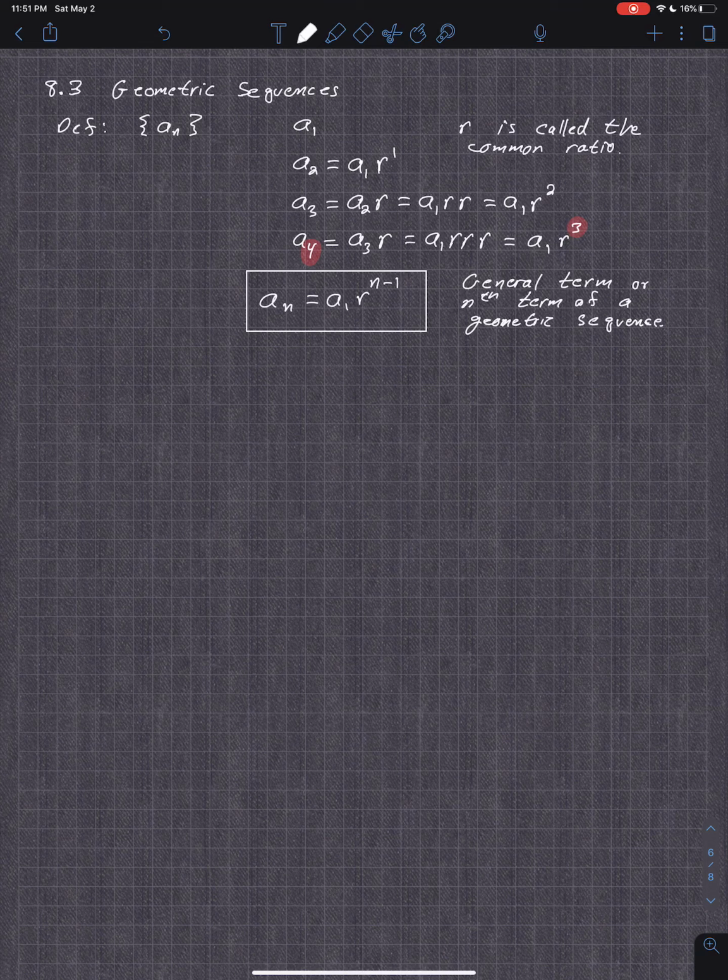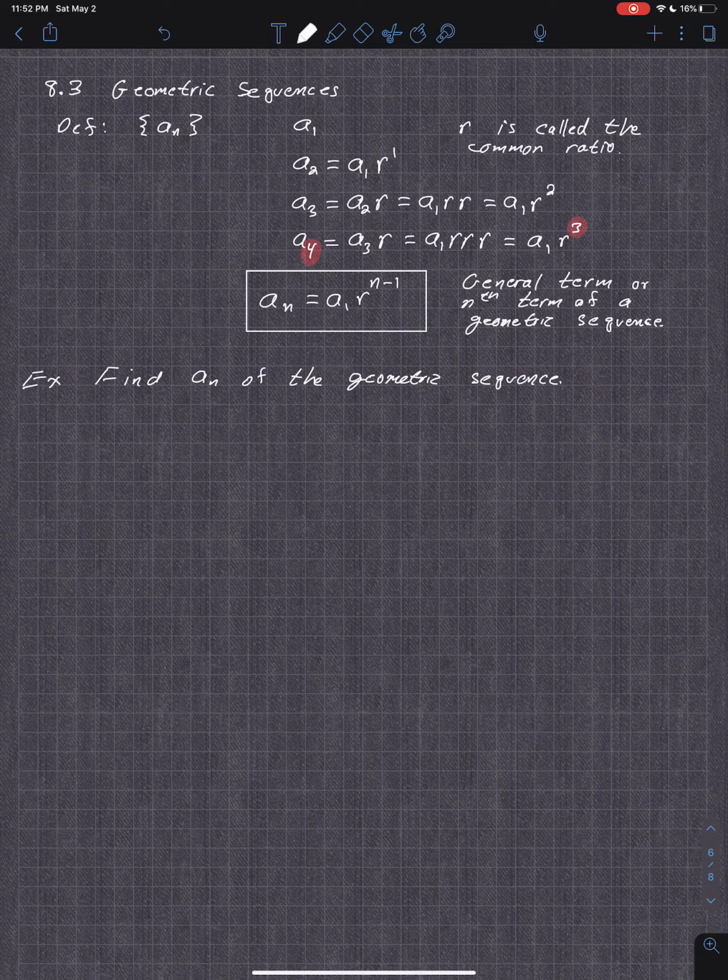All right, so let's look at an example. Find a sub n of the geometric sequence.